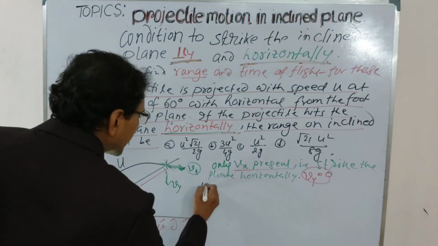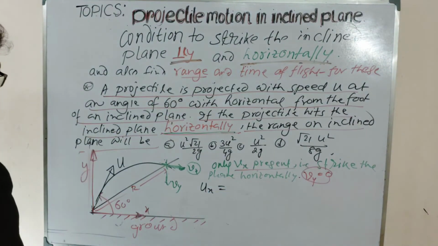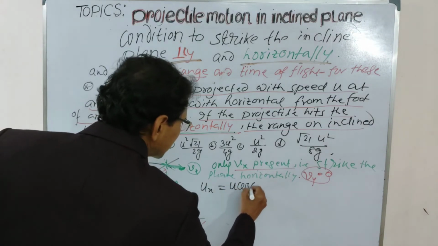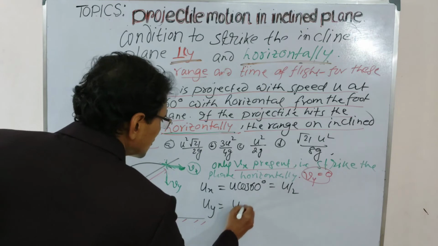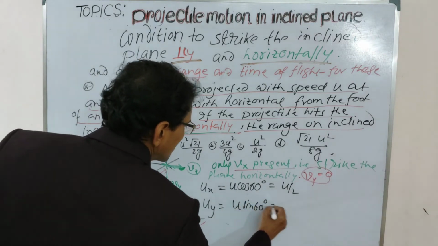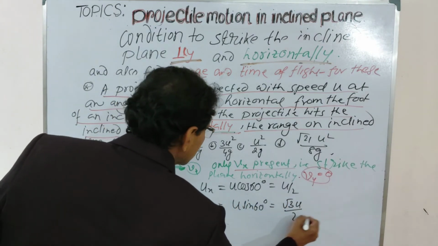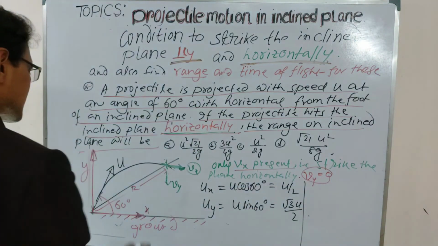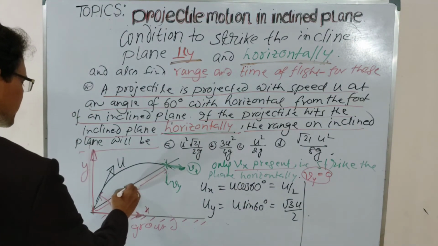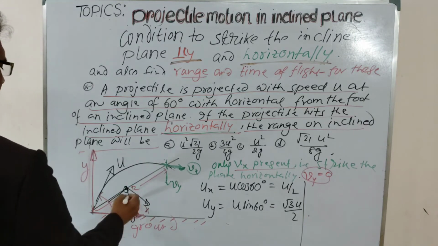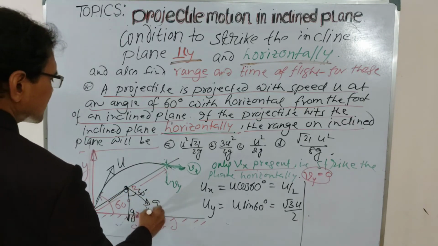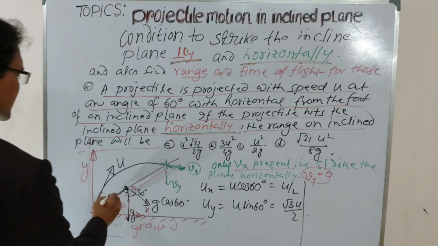First find ux: ux equal to u cos 60 degrees, uy equal to u sin 60 degrees. Now the acceleration is g, with two components, g cos 60 degrees and g sin 60 degrees.